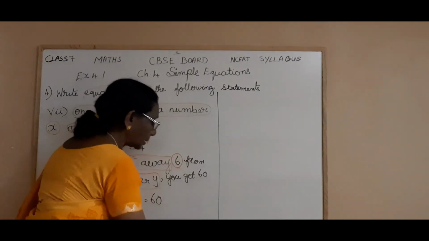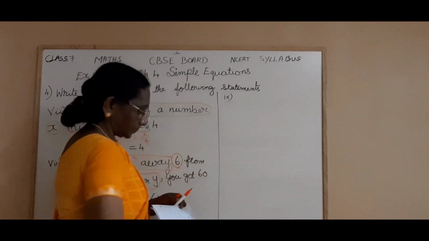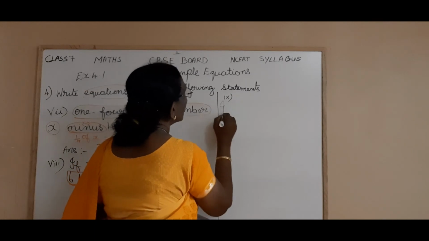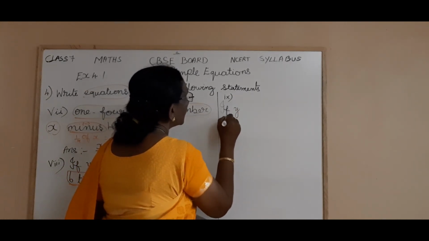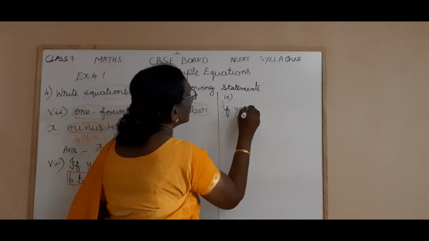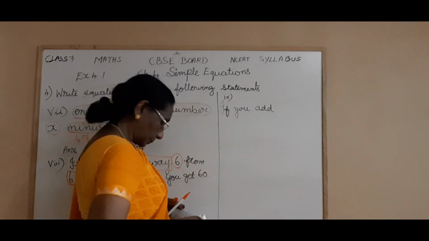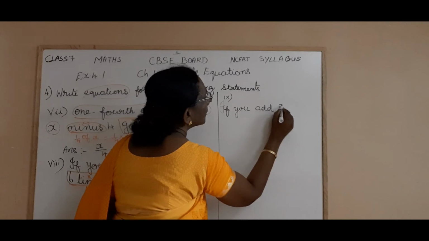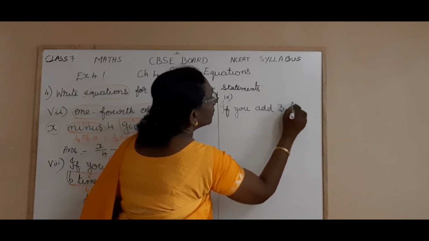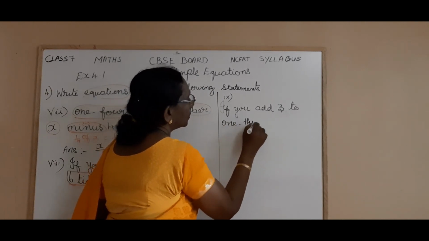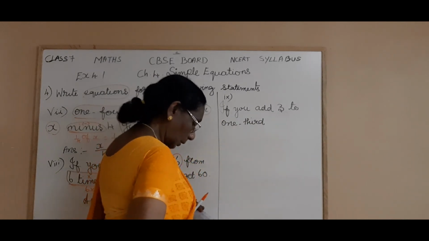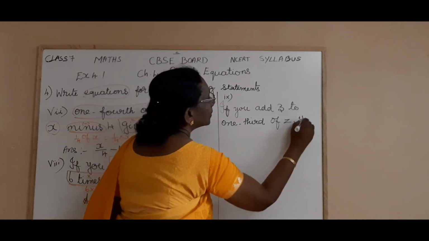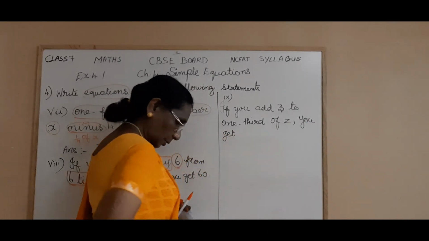Okay. Now the last sum, number 9. That is, if you add 3 to 1/3 of z, you get 30.